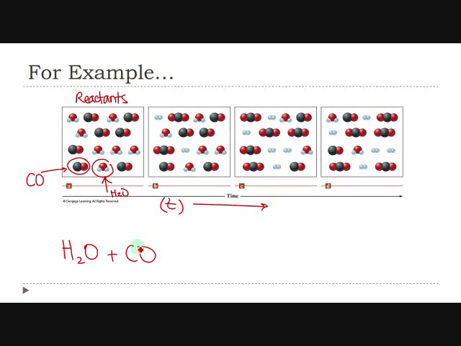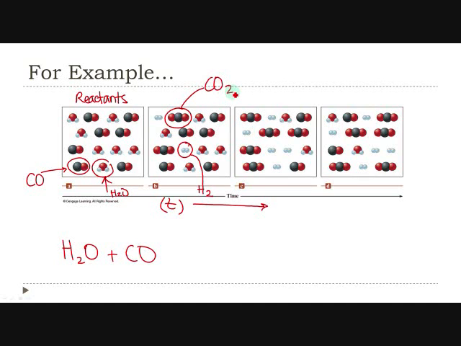In A, this is before the reaction takes place. But then as the reaction starts, we start creating products. What do you think that product right there is? Yep, that would be H2. And this right here is another new one. That one would be CO2.